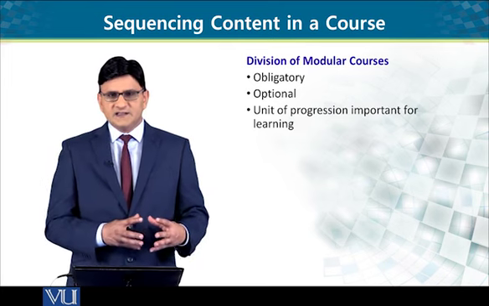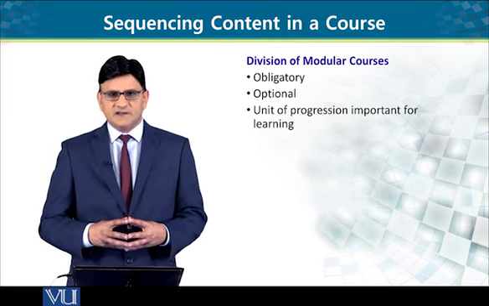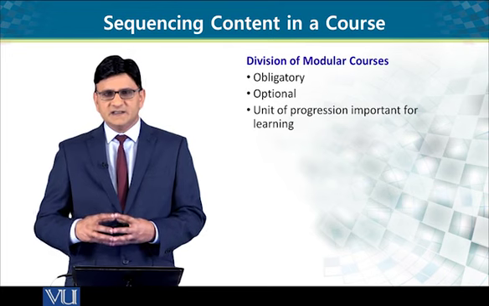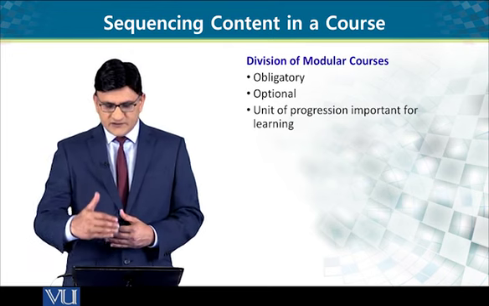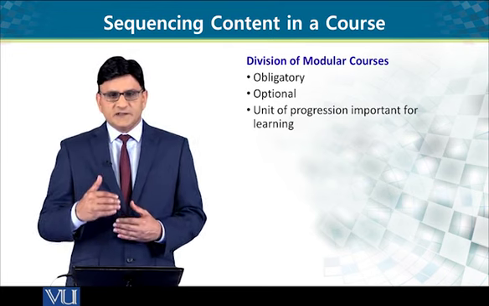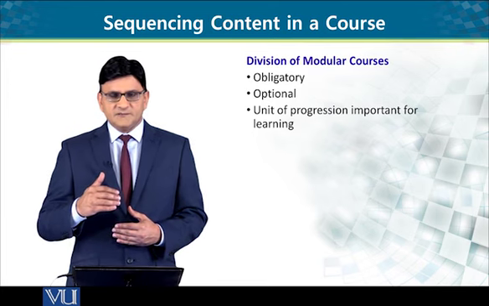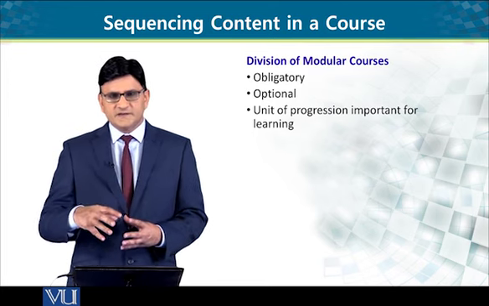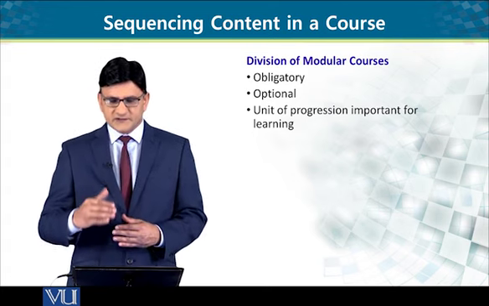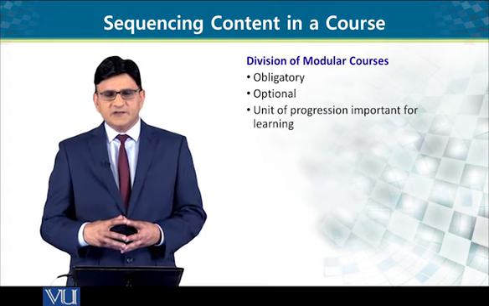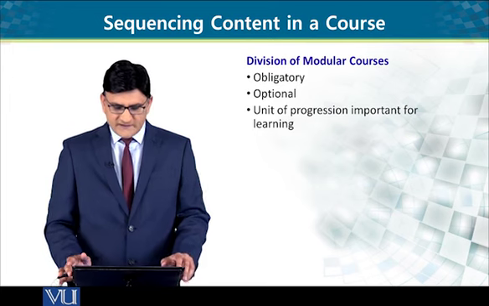Since they are independent modules, complete in themselves, we need to know whether we are basing the units of progression on the modular approach, and whether we are having obligatory or optional modules.